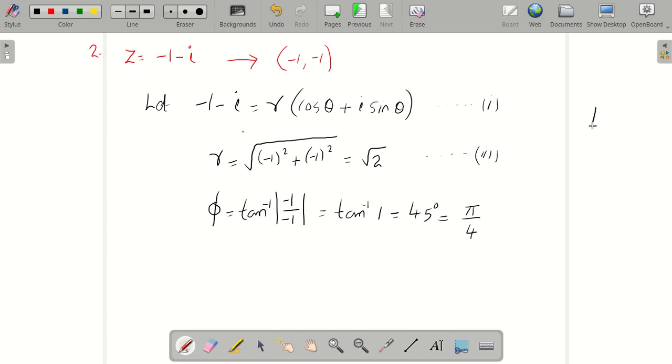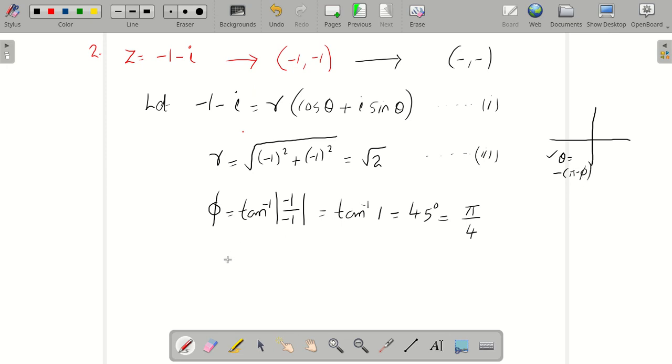Okay, now let's go for the Cartesian system. Our complex number in the Cartesian system is negative, negative. That means it's in the third quadrant. I want you to check the chart. In the third quadrant, theta is minus of (pi minus phi).